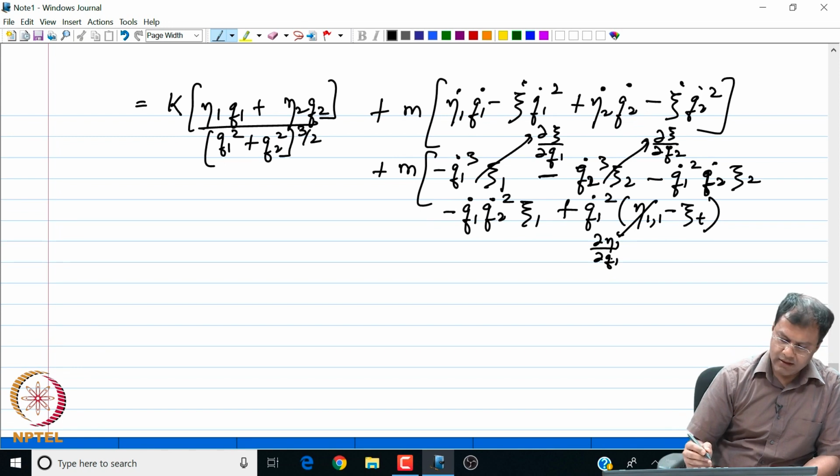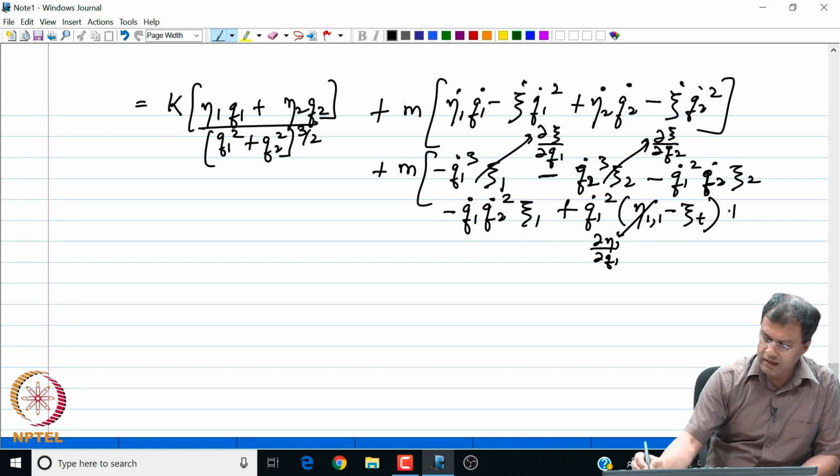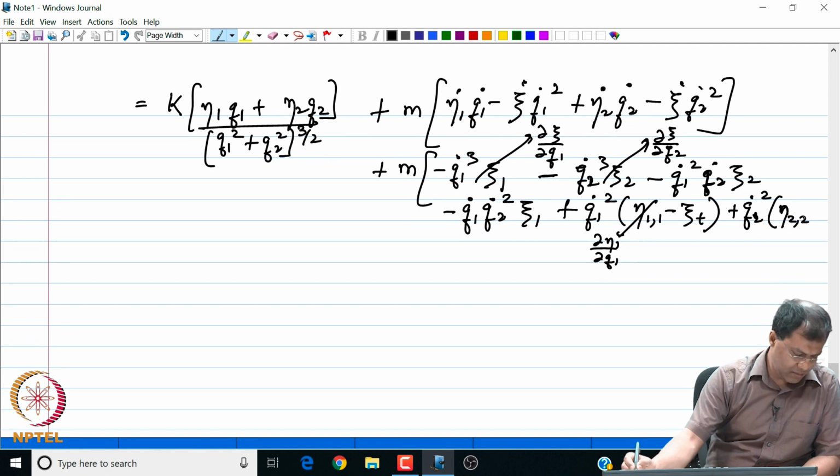The other set of terms is in q2 dot. The reason I am writing this is for all the students to go home and check that we indeed get all these terms.